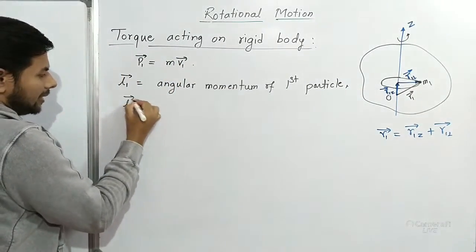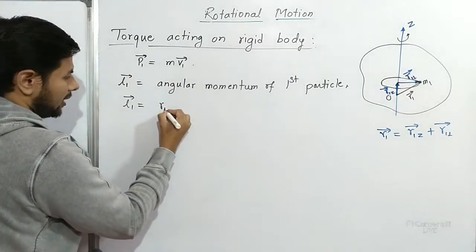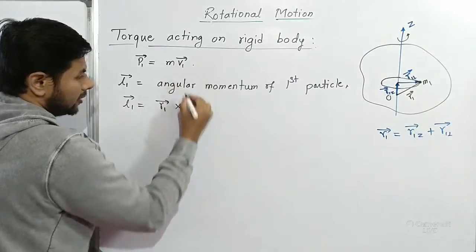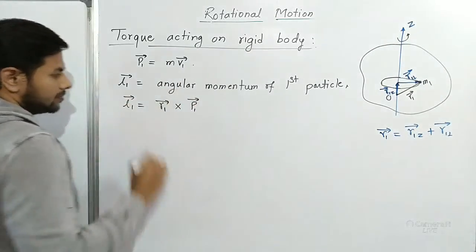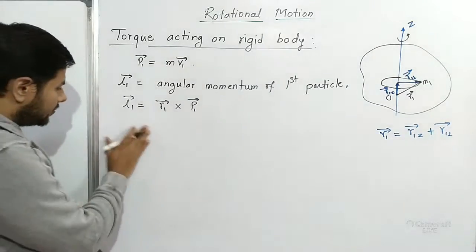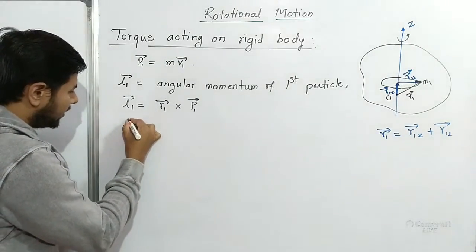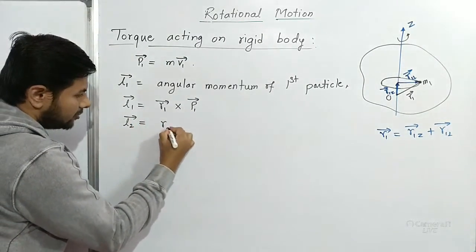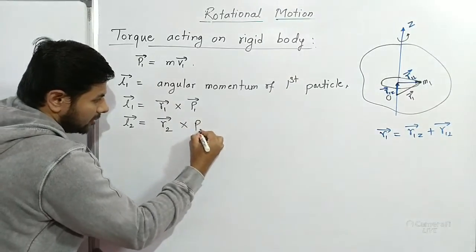So L1 bar can be written as R1 bar cross P1 bar. Then similarly I can write L2 bar equals R2 bar cross P2 bar.